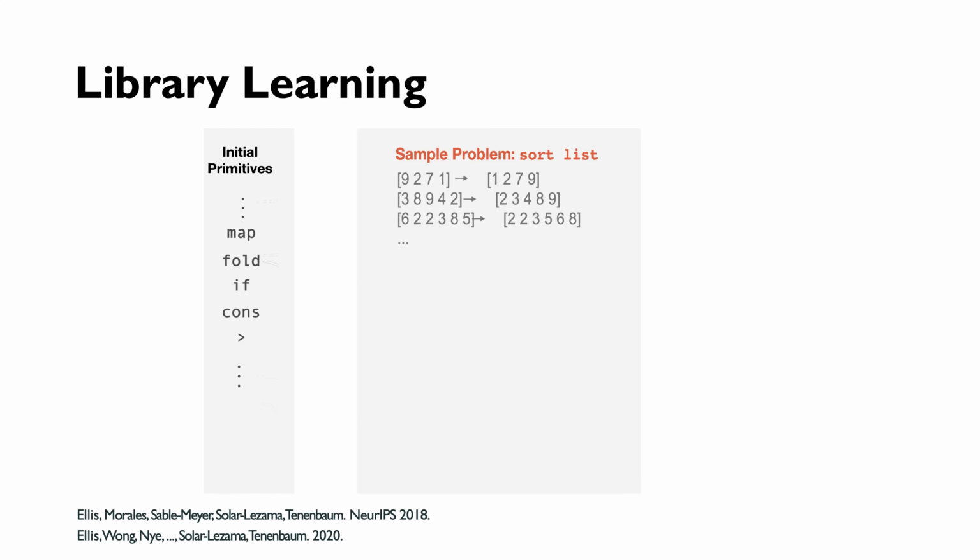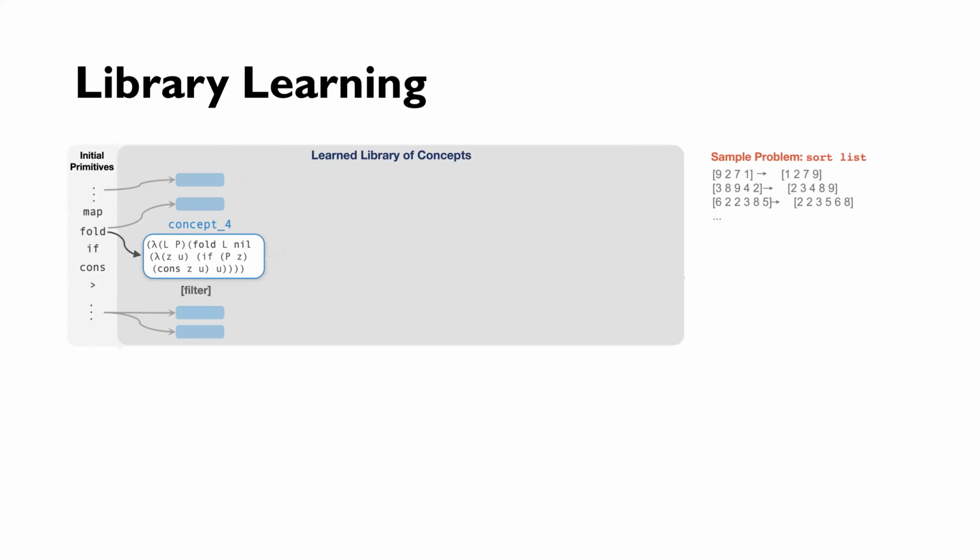And now let's say that you're given a bunch of more complex tasks. So what you'd like to do is to come up with reusable ways in which these simple initial primitives can be combined, and then extract those motifs from the programs that are solving these tasks, and then add them to the library. So just to make this concrete, let's imagine that you have this sample problem, which is sort list.